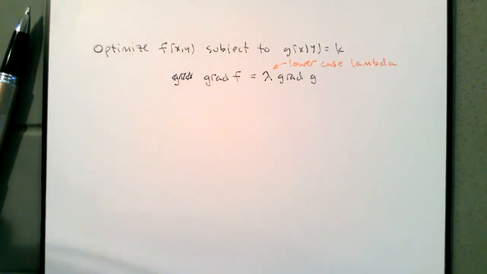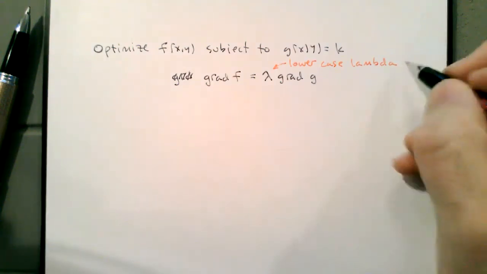So when I say gradient of f is equal to lambda times the gradient of g, we just want the gradient of f and the gradient of g to be going in the same direction. Lowercase lambda is a scalar.